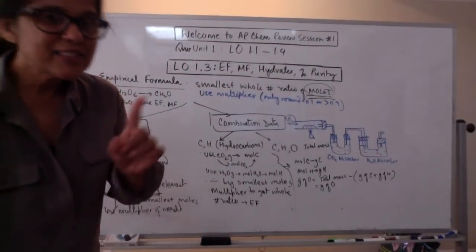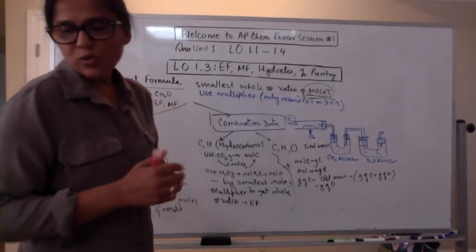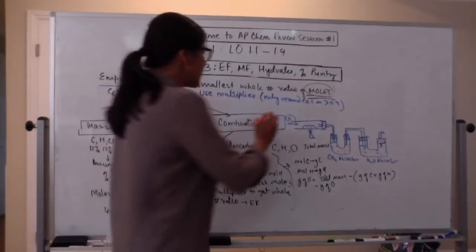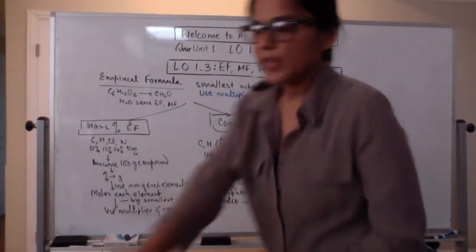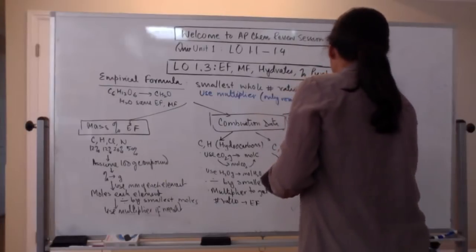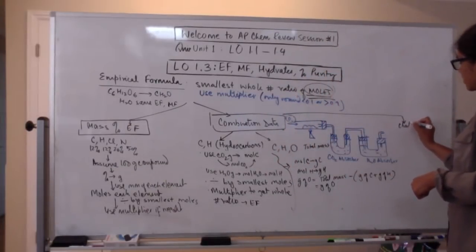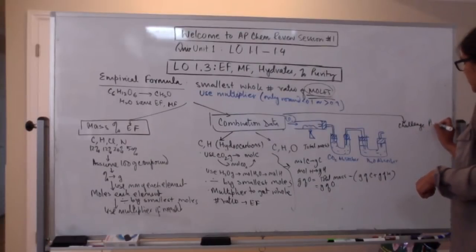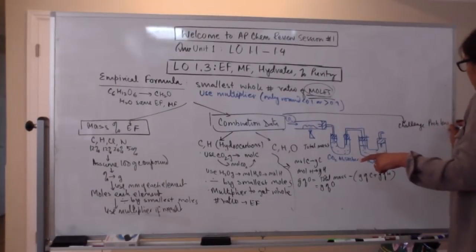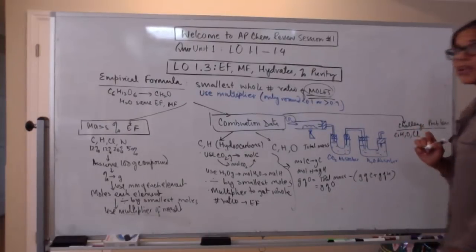There is a third way, which is slightly different and only asked once in a while. The third way is, they will say, I'm going to go over here. That was your challenge problem, where they took carbon, hydrogen, oxygen, and chlorine.